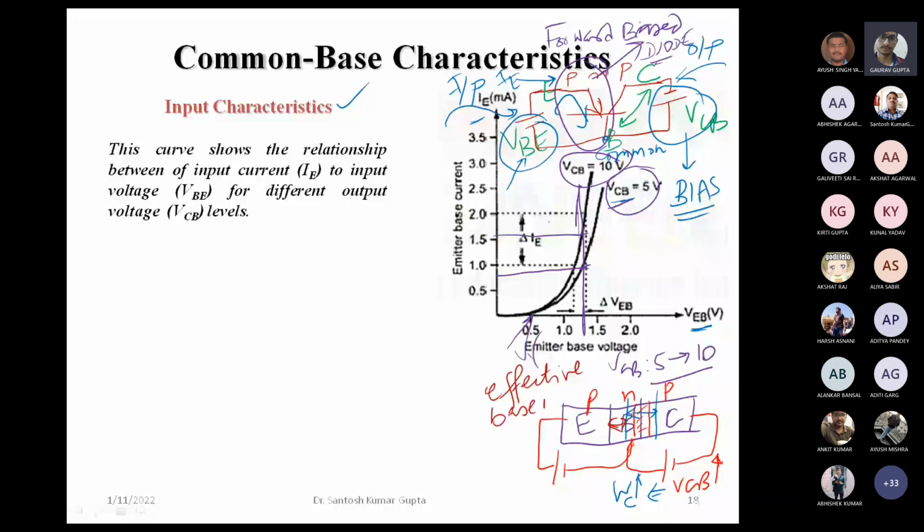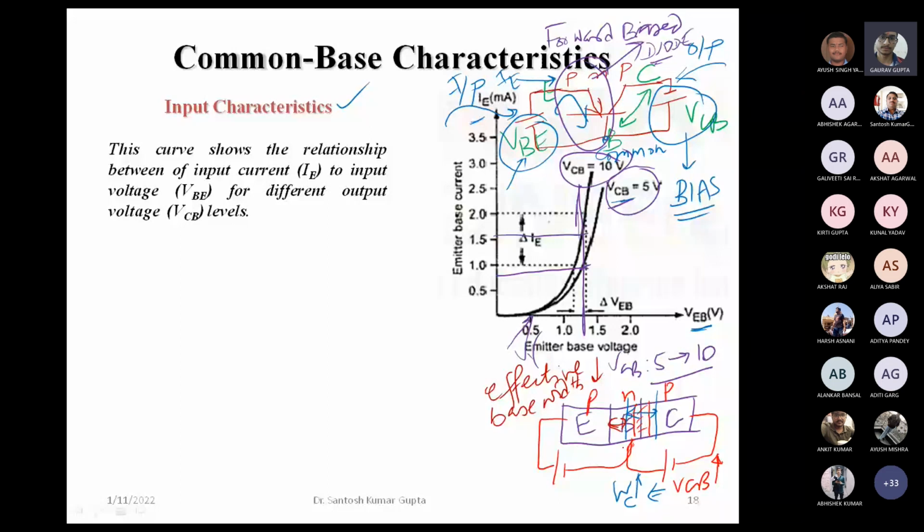Effective base width decreasing means there is less recombination, and so IB will also decrease, but IC is going to increase. And for the same biasing voltage here, IE seems to increase, because of this lower base region.